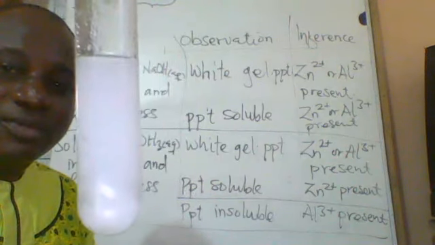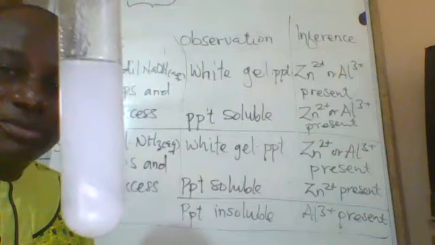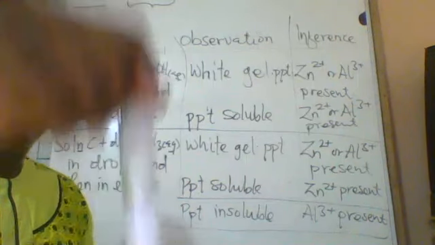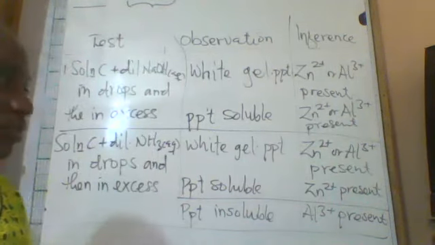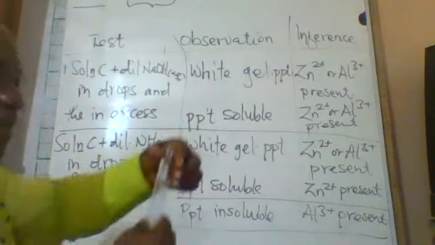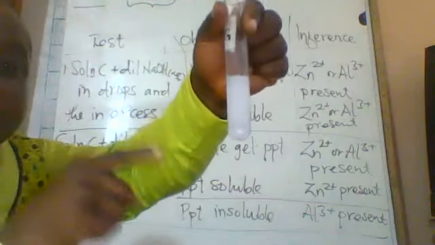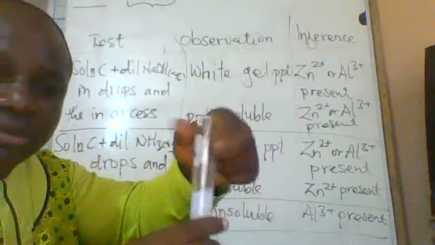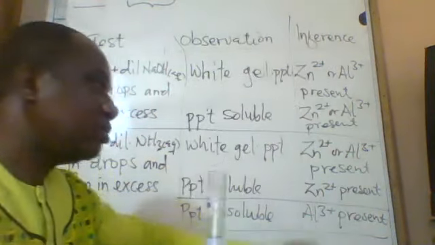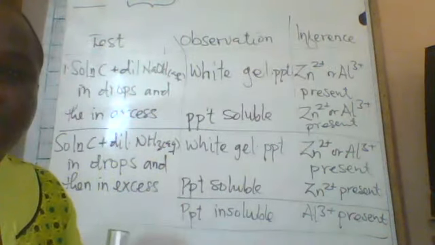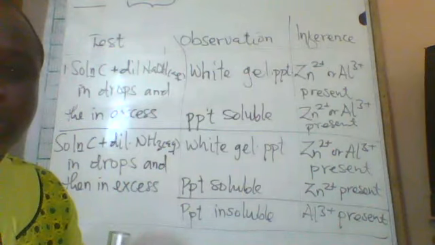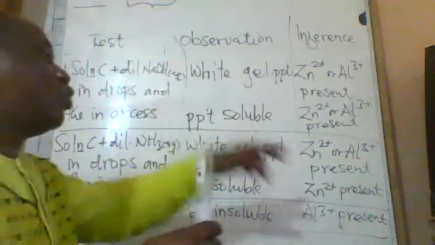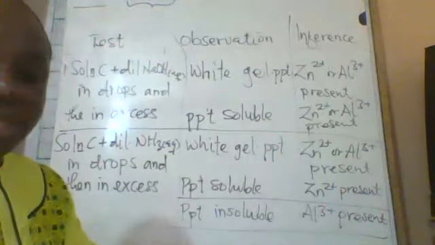Aluminum. Yes, Bob. The aluminum ion. So because the PPT is insoluble in SS, we are concluding that the ion present is aluminum, Al3+. It's aluminum ion. If it were to be soluble, then we conclude that it is Zn2+.